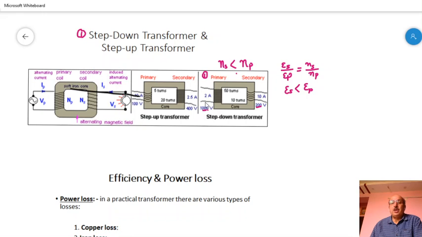But current are in reciprocal way, as it is equal to IP by IS. So current will be 5 times. In input side it is 2 ampere, then in output side it is 10 ampere. So in case of step down transformer, the voltage is down, but current is up.